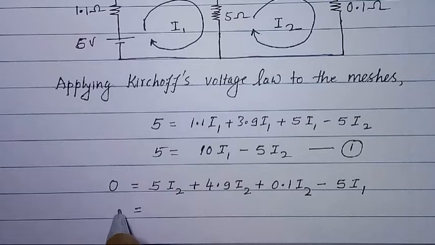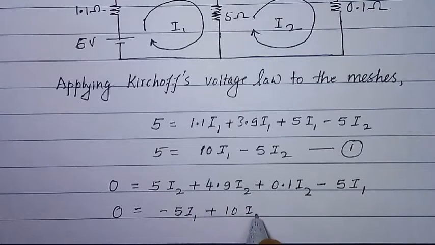Simplifying, we get minus 5 I1 plus 10 I2. Let us call this as equation 2.